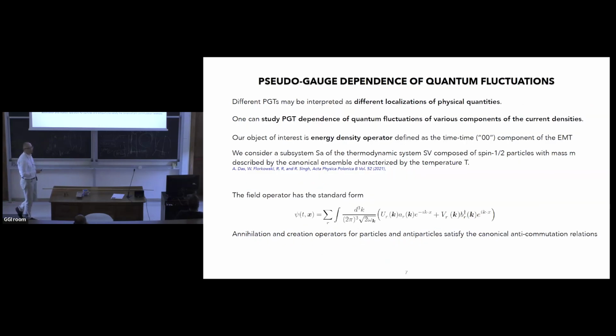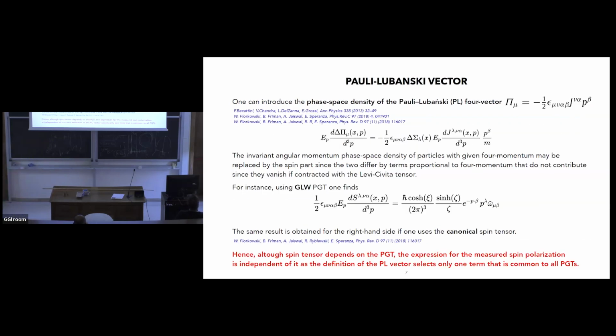Now, yes. I think we must make quite a clear distinction between the operator and the state. When you measure the mean value of the spin polarization vector of some final particle, you're calculating an average.